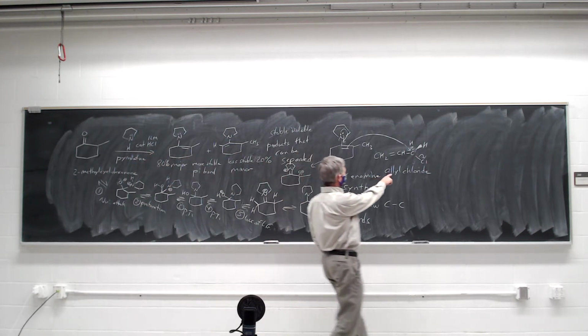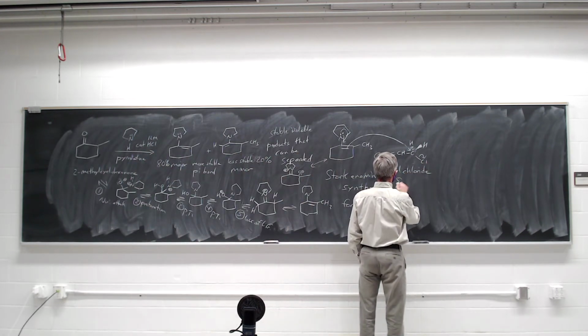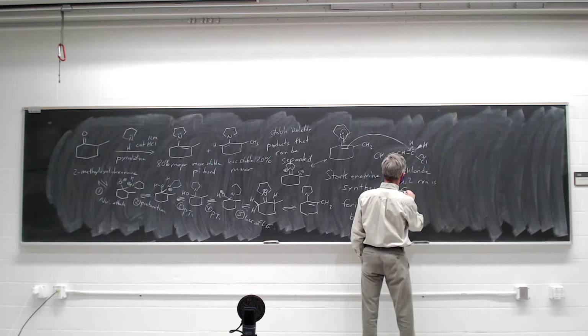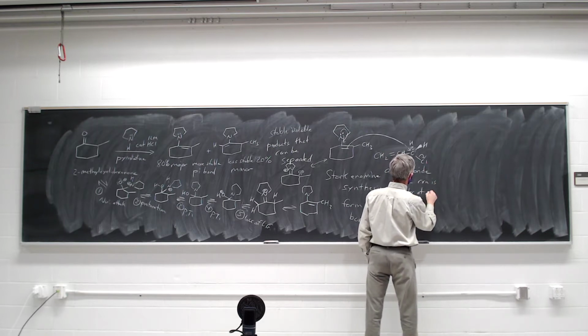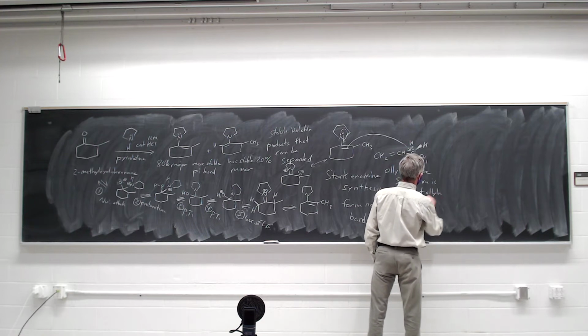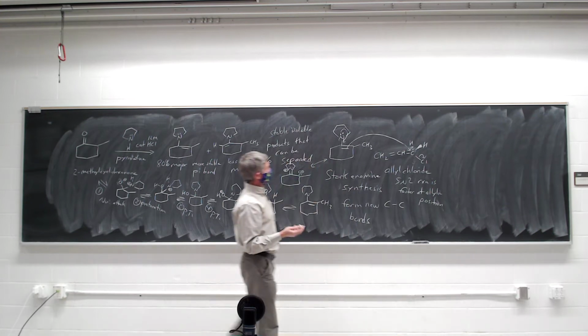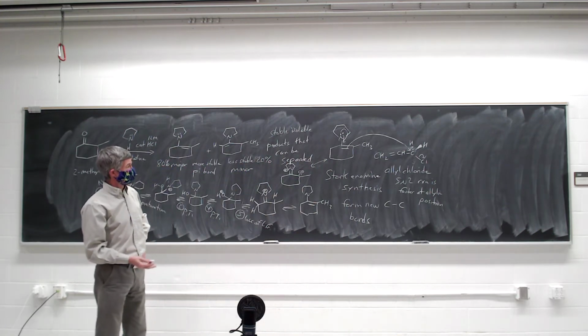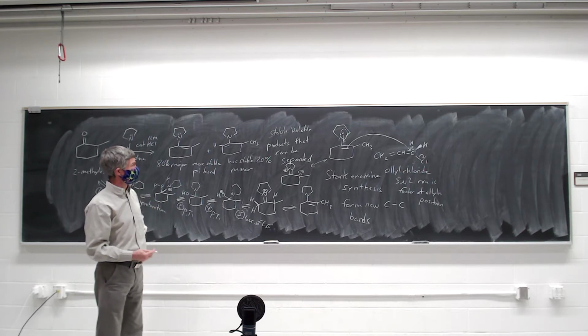And because this is an enolate-like group, the SN2 reaction is actually enhanced. The difference in reactivity between allyl chloride and just plain old propyl chloride is about a 73-to-1 ratio.